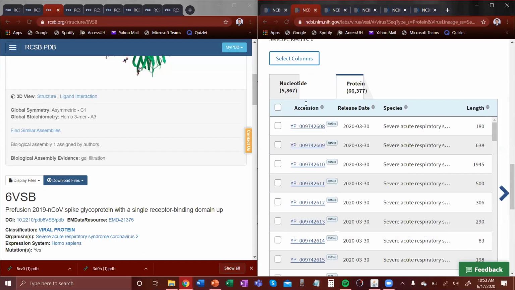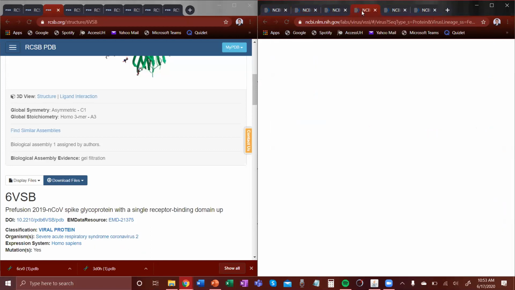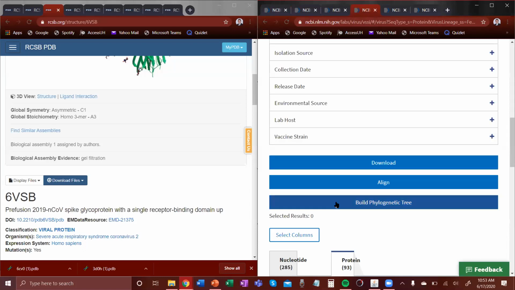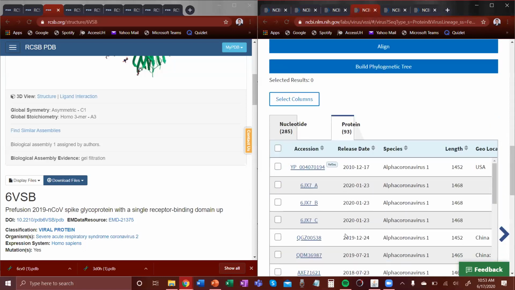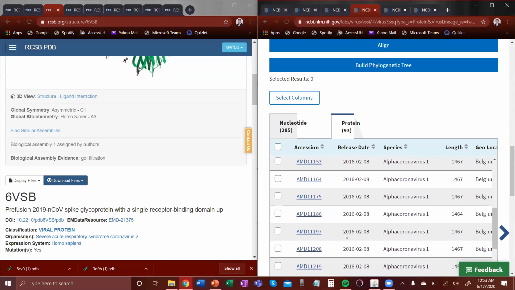Pretty much each of these tabs in my browser is for an organism, and in each of these tabs, I downloaded 4 different files that contain the amino acid sequence for the spike glycoprotein.